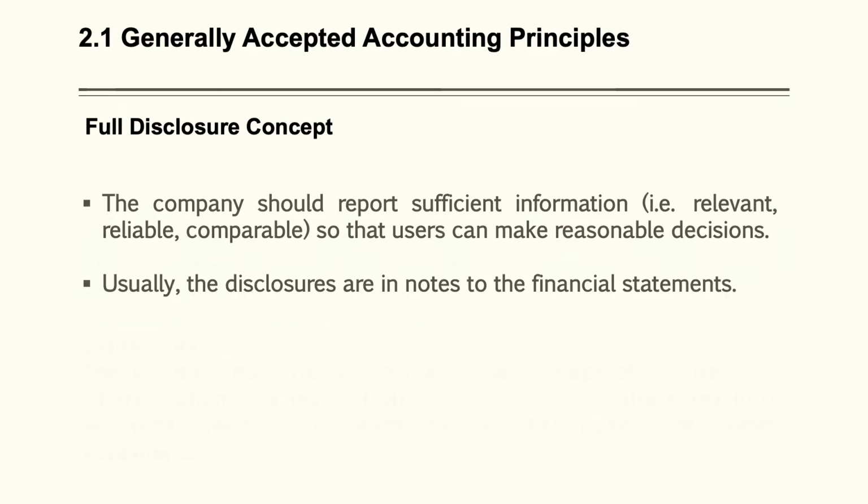Now let us look at the full disclosure concept. According to this concept, the company should report sufficient information that is relevant, reliable, comparable so that the user can make reasonable decisions. So usually the disclosures are in notes to the financial statement. So for every concept we give you one example.